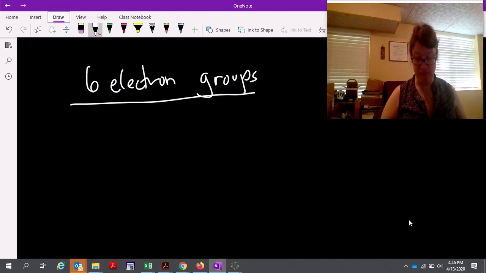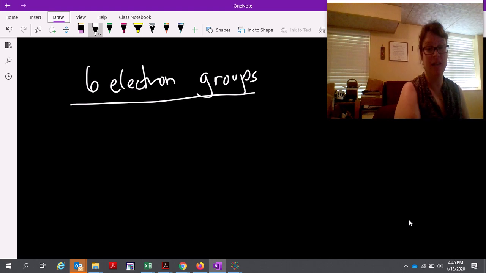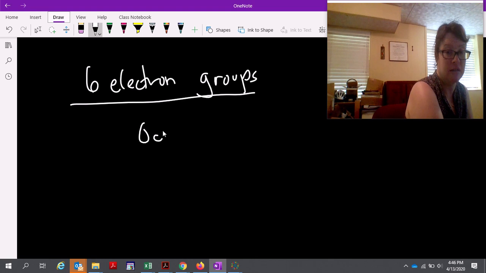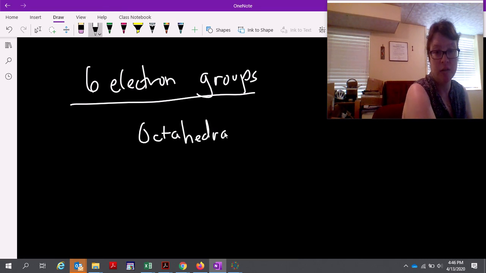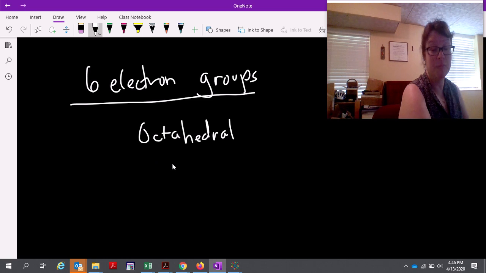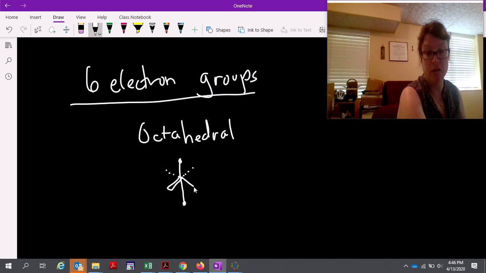Moving on, last but not least, to 6 electron groups. 6 electron groups has a special name known as an octahedral. And very similar to trigonal bipyramidal, I have the up and the down, and then I have 2 going back and 2 coming forward here.